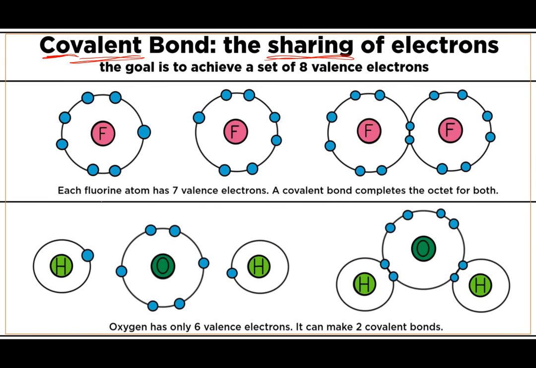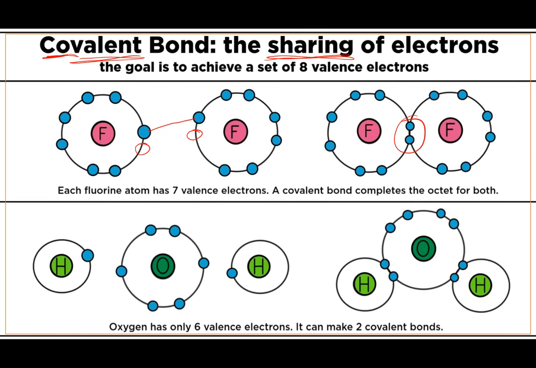So here's an example. Each fluorine atom has 7 valence electrons. A covalent bond completes the octet for both. So as you can see, fluorine is missing one here and here, but if they were to share these two, as you can see here, that would complete the octet for both. And that is the idea of covalent bonds.